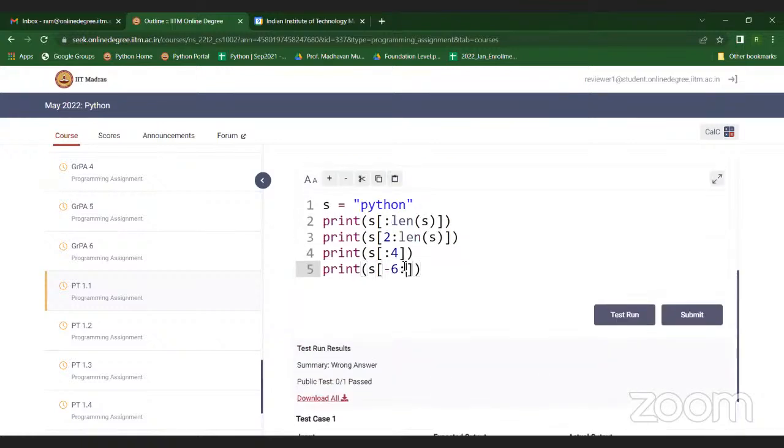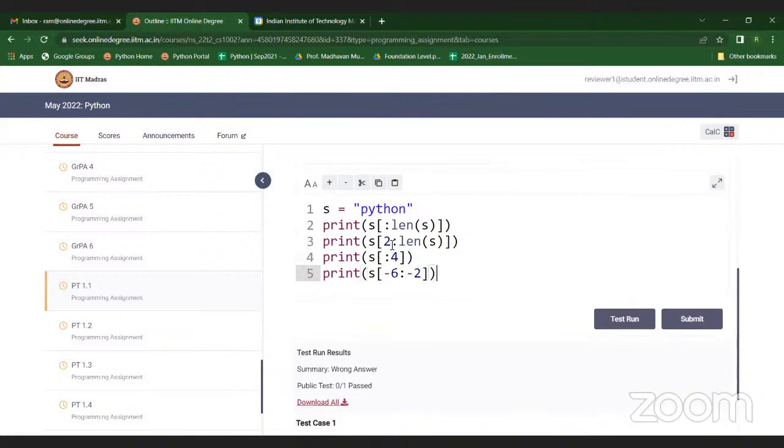What my question is, if we are giving the negative index, you include the end point, but for the positive index, you are increasing by 1. See, even for this negative index, let's say you want to start from the 6th character from the end and include until the 2nd character from the end.